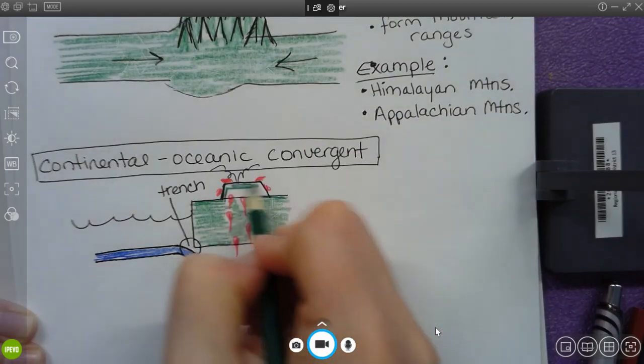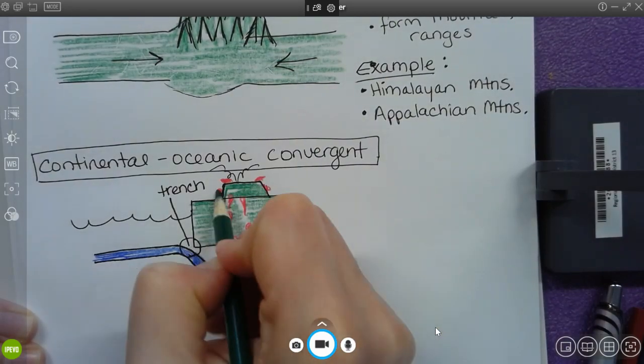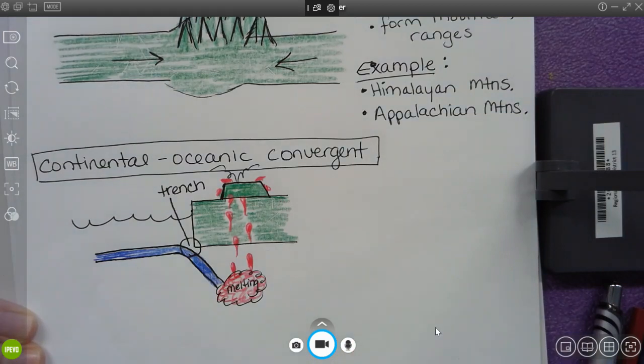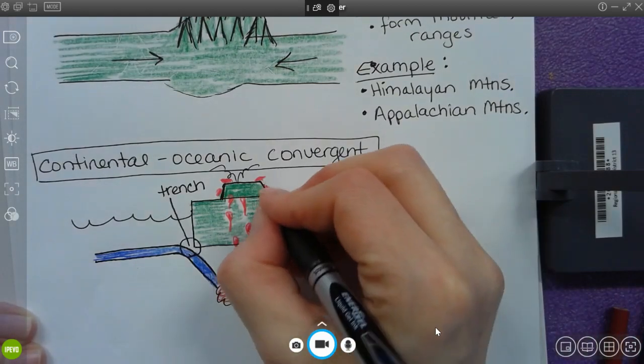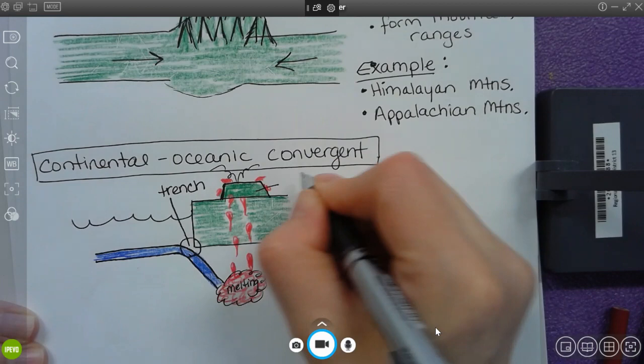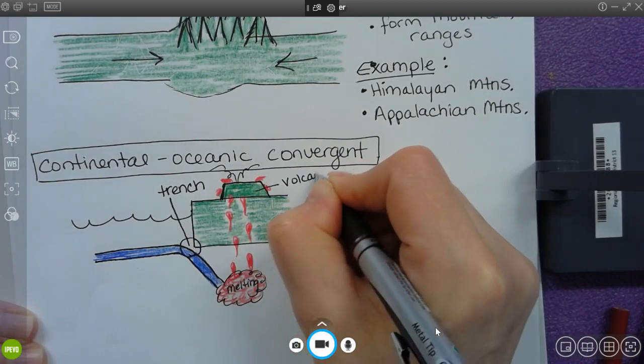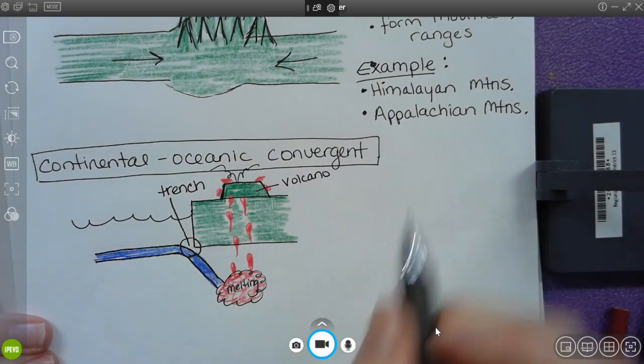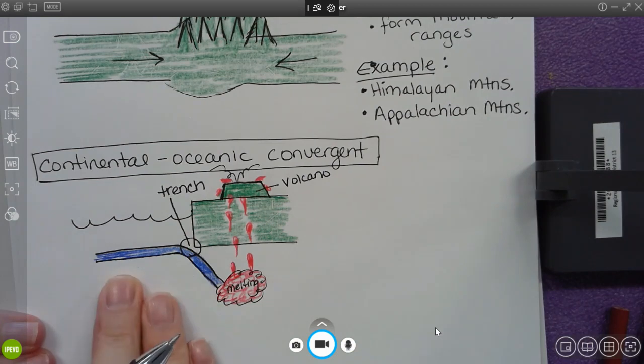Don't forget to color in my volcano. So this is volcano, okay?